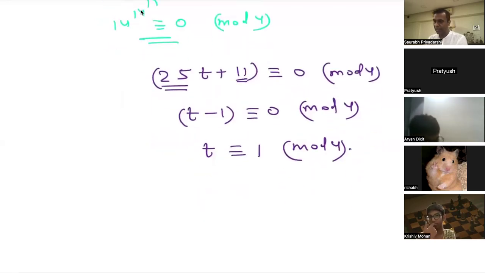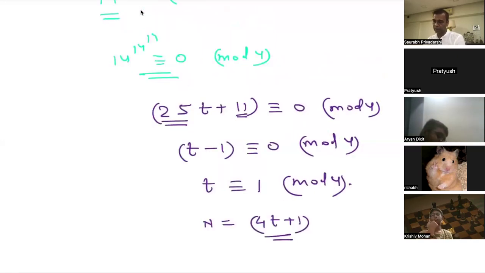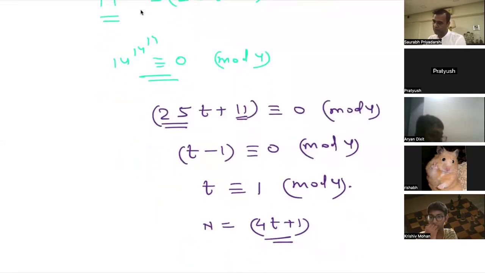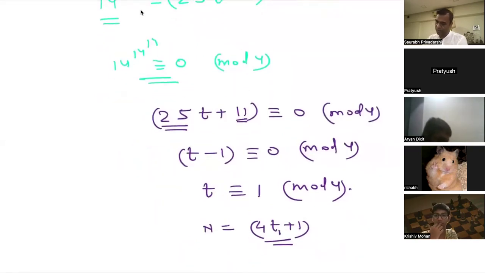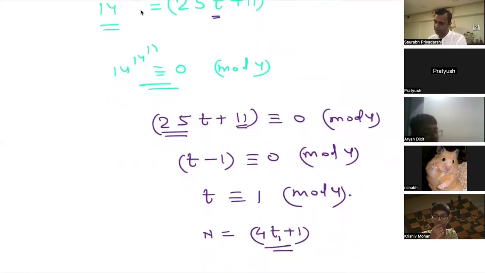Or I can say the number is in the form of 4t plus 1. All the numbers are in the 4t1 form, so t is coming as 4t1 plus 1.